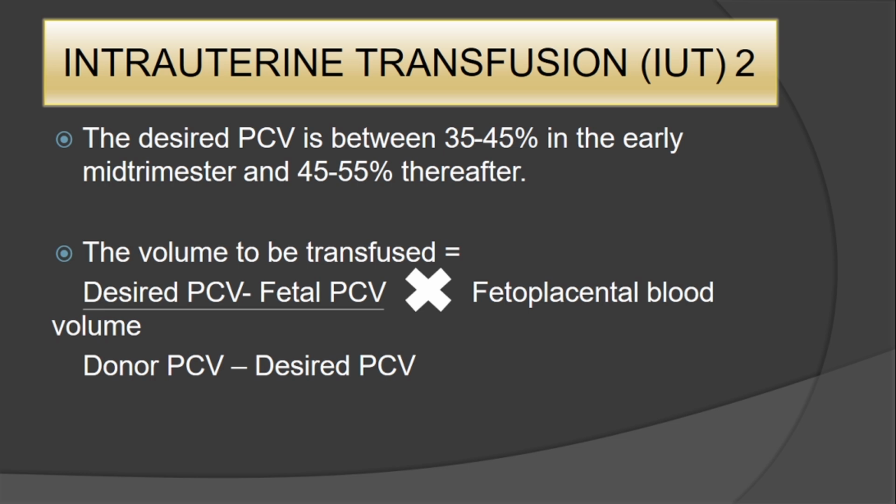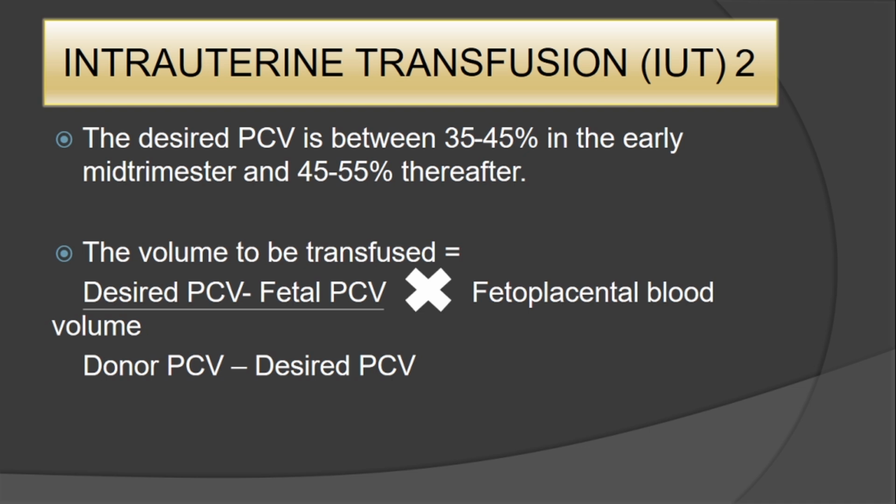The first thing to do is to determine the PCV, the packed cell volume, the hematocrit of the fetal blood gotten from cordocentesis. And if the packed cell volume is less than 35% in the early mid-trimester or 45% thereafter, it may be an indication for us to intervene.